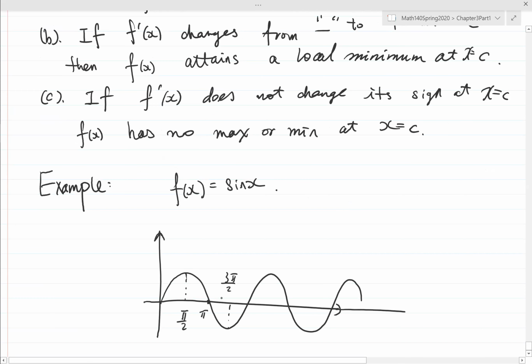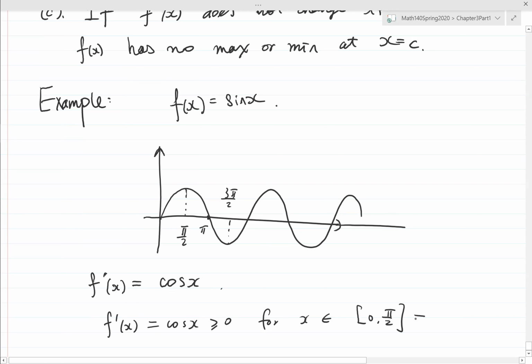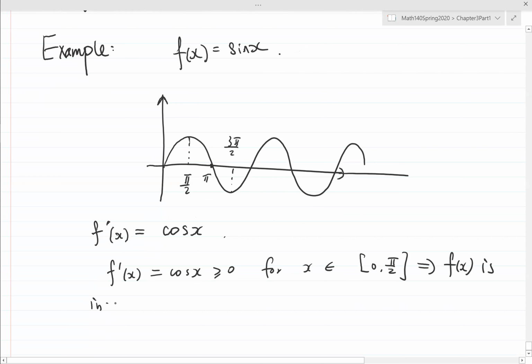Okay, now you check that f derivative x is cosine x. From 0 to pi over 2, cosine x is positive, greater than 0 for x in 0 to pi over 2. This implies f is increasing. So sine x is increasing on 0 to pi over 2.